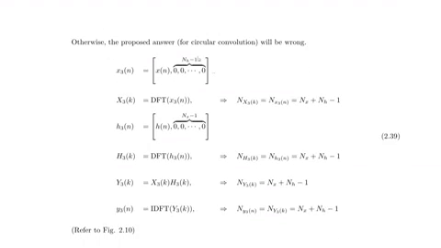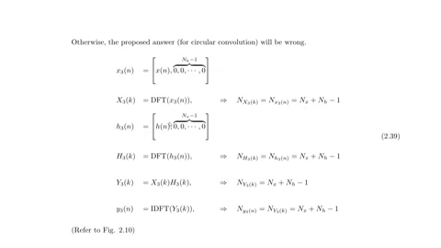Here you see the illustration of the idea. We generate a new sequence instead of x of n. Okay, x3 of n will be x of n plus some zeros. You see here the length of the zeros. Therefore, X3 of k will be the DFT of x3 of n, and the length will be Nx plus Nh minus 1.